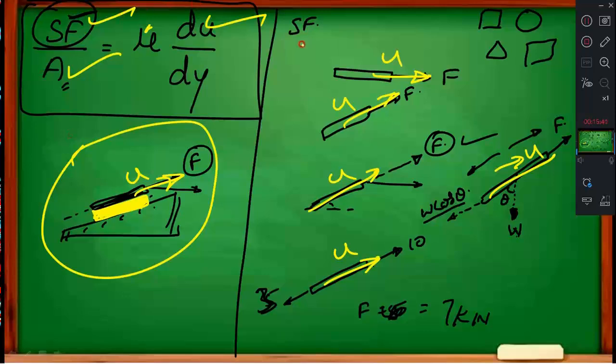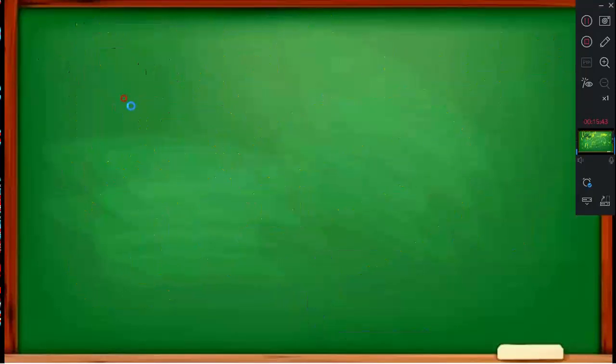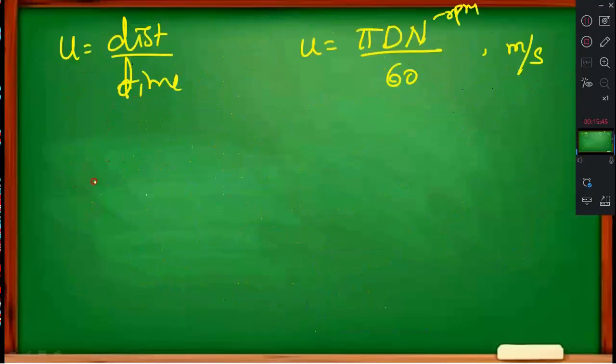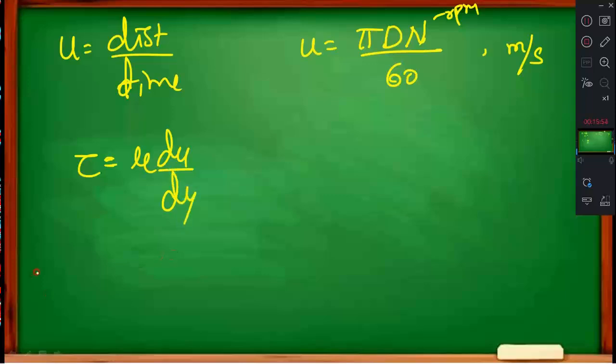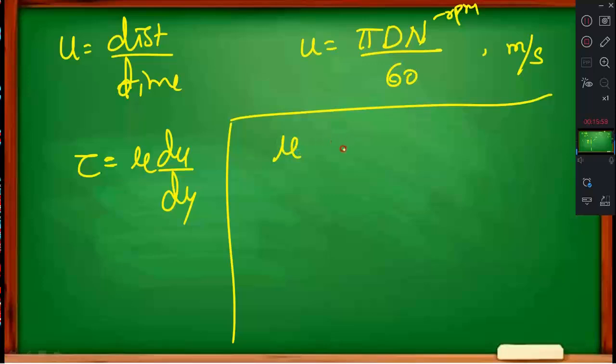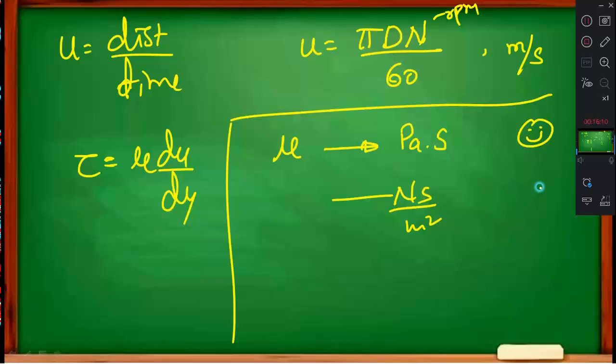Now if you know all of them, then you will substitute and you will get the equation. Tau is equal to mu into du by dy. Now a twist for mu. Mu, if it is directly given as a Pascal second, feel happy. If it is given as a Newton second per meter square, feel happy.